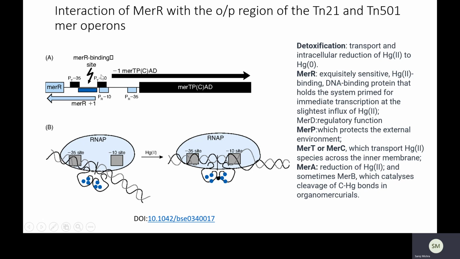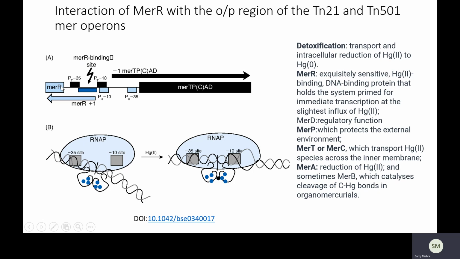In this segment, the RNA polymerase is going to bind and transcribe the genes, the transcription of which is shown by this arrow. The direction of transcription of this operon is shown by the black arrow. The segment you see right here is called the MER-R binding site. MER-R is a gene which you see here, and it codes for a repressor protein.